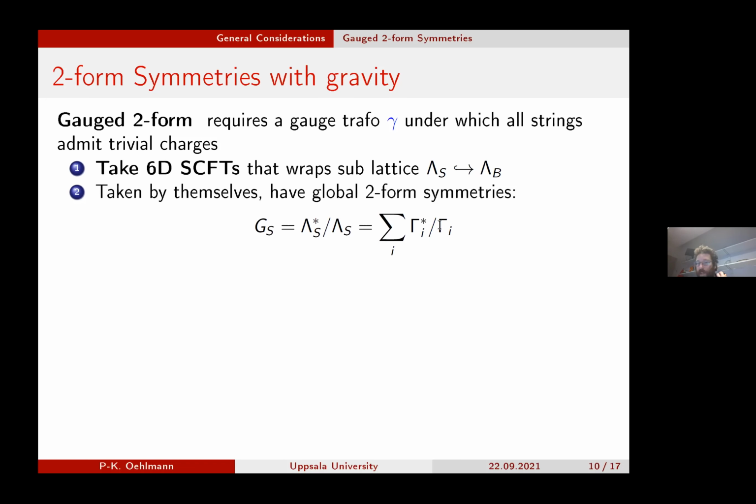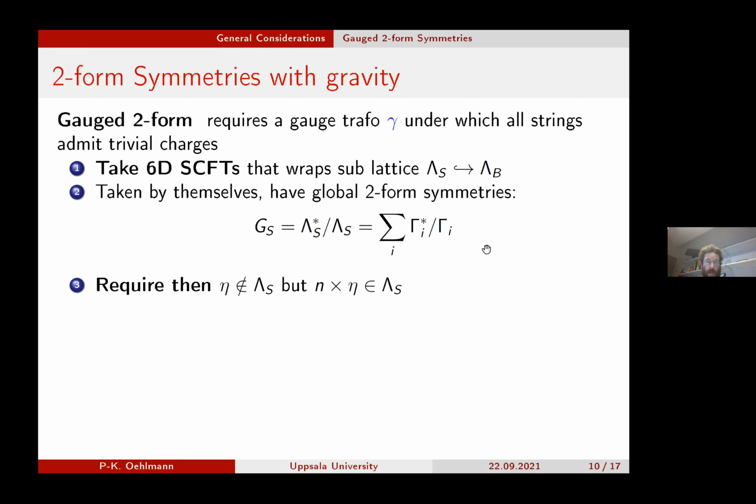So for example, I can take 3 SCFTs all by themselves, and these will have, all by themselves, a two-form symmetry, but now I want to take them and put them into a compact geometry. And I want to do it in such a way that there's an overall symmetry transformation, gamma, that acts trivially on the charges of these strings.